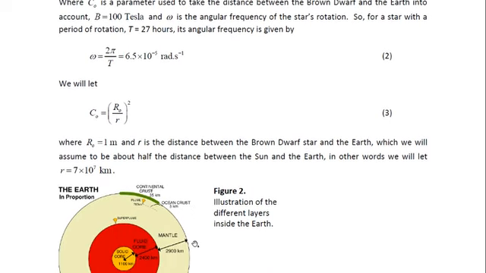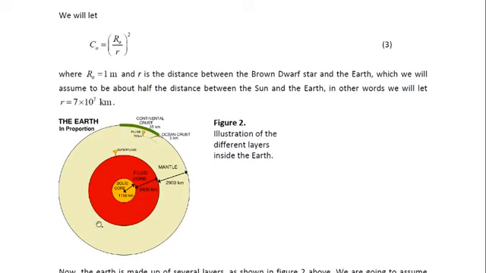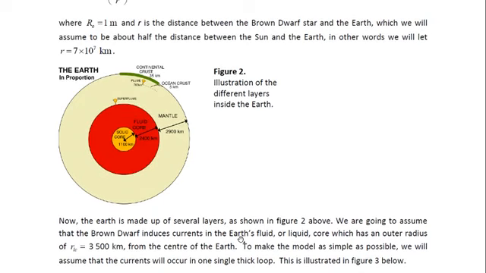Now the Earth is made up of different layers. And the layer we are interested in is the fluid core layer or the liquid core. The others are the mantle, the crust, and the solid core. Induced currents are produced in the fluid core. So we are going to assume that the brown dwarf star induces a current in that fluid core.